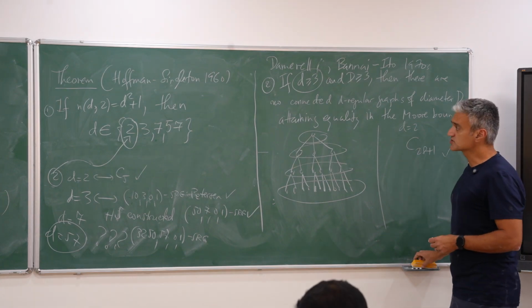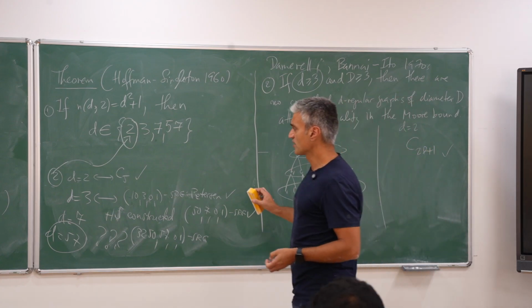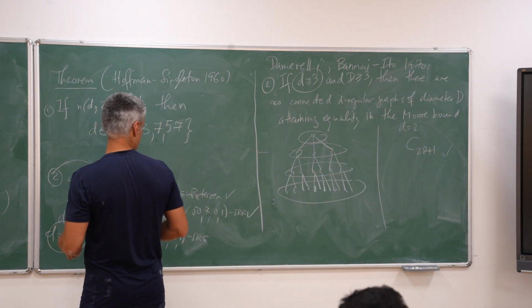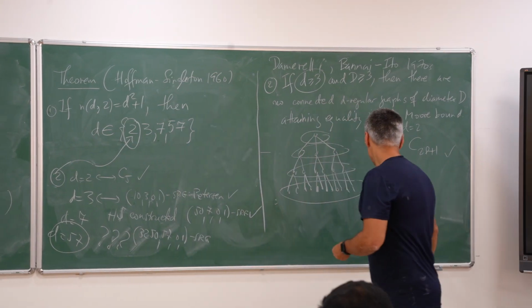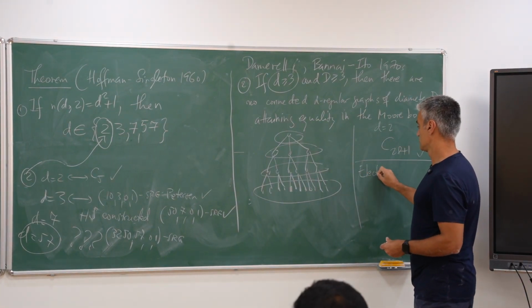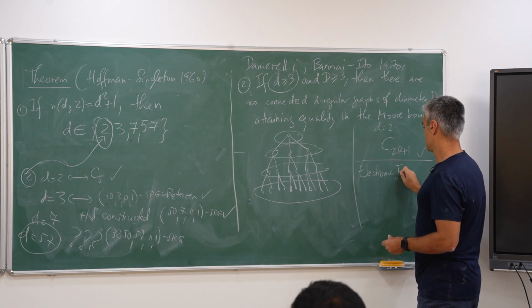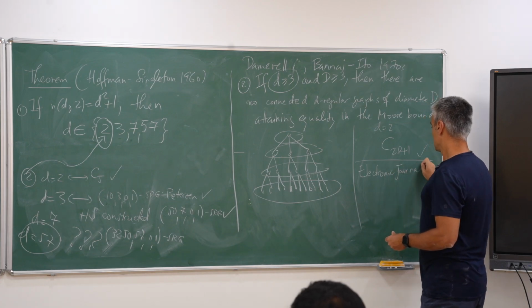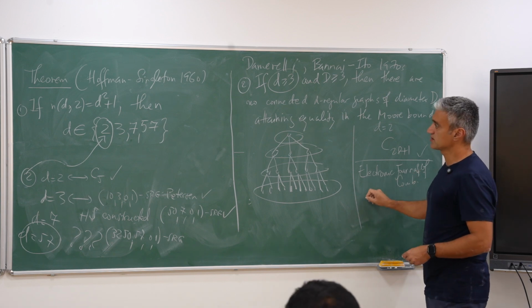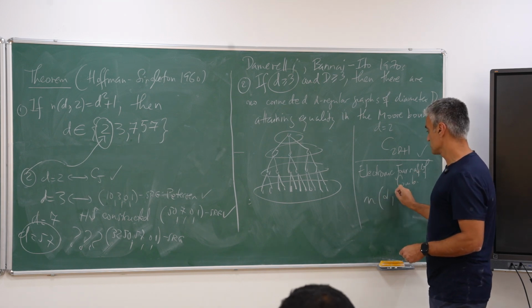Now, if you're interested in this type of problems, there is a survey in the Electronic Journal of Combinatorics about these parameters and the delta.